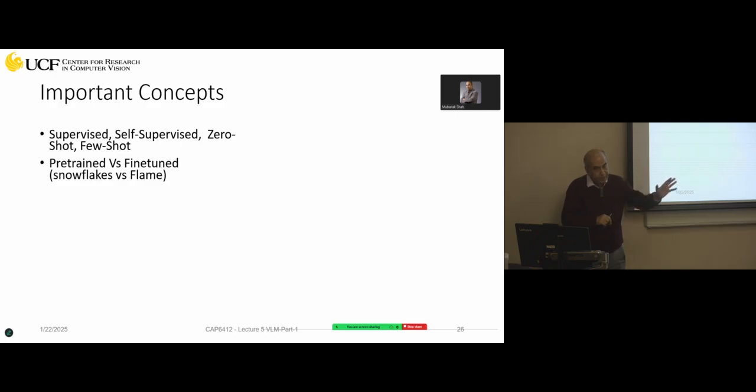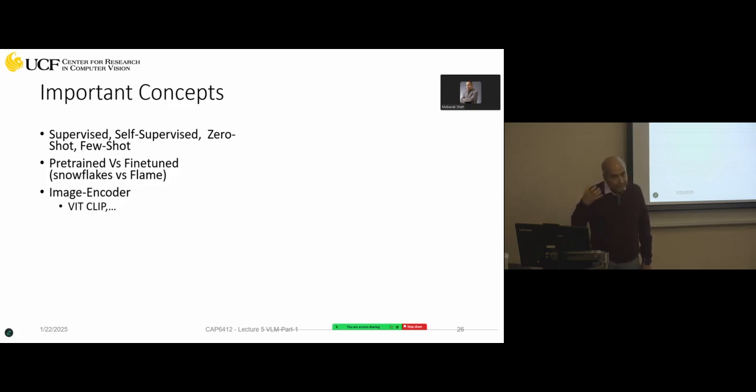So you can use a pre-trained model, and you don't do anything to that, and that is shown with the snowflakes. Snow is frozen. And when you fine tune it, then it burns. It's a fire, flame. Okay? So then we have the image encoder.